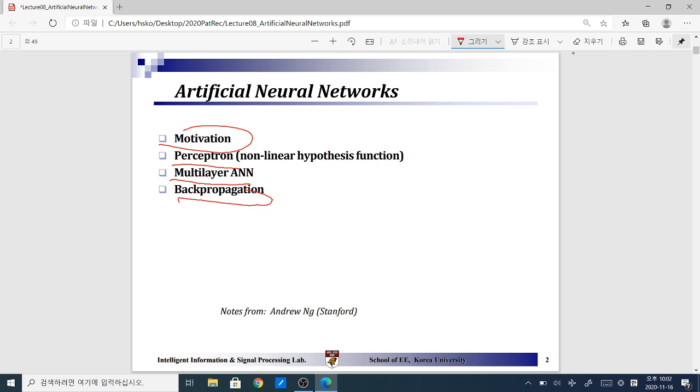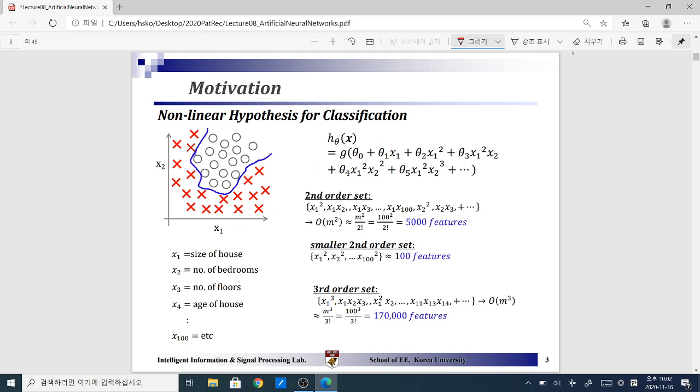We can appreciate the power of artificial neural net by recognizing the limitations of the logistic regression model in a simple classification task. For example, here in this mapping between the negative samples and the positive samples in this two-dimensional space, x1 and x2, what we did back in lecture 7 was use this nonlinear hypothesis, which is essentially a sigmoidal function, for performing classification.